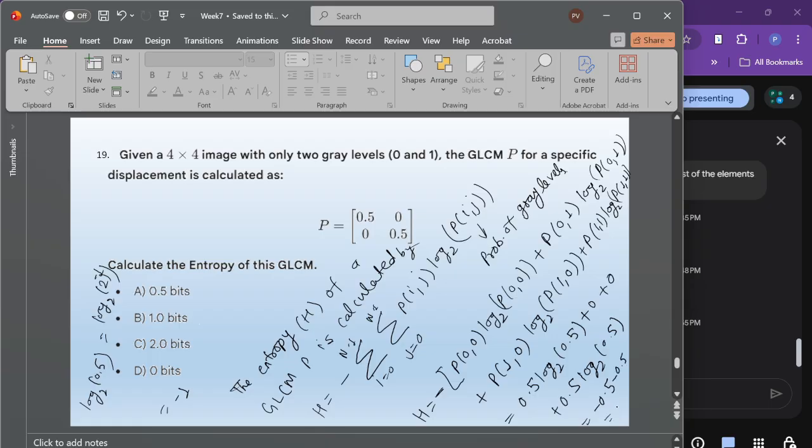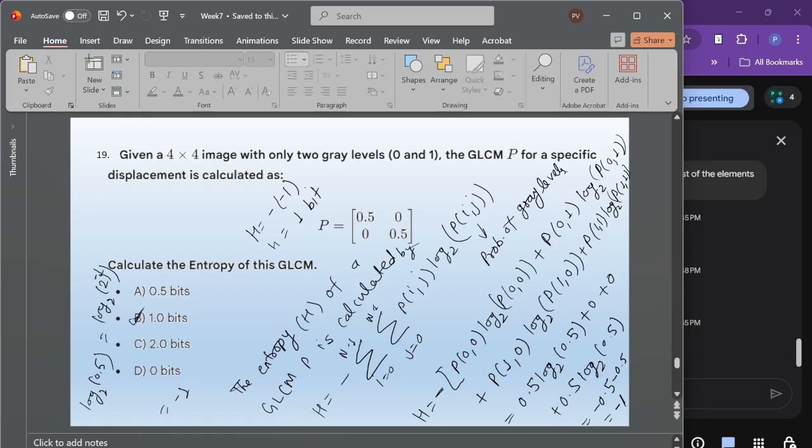You add, so you will get minus 1 here. So H is equal to minus of minus 1, which is 1 bit. So option B is the correct answer for this question.